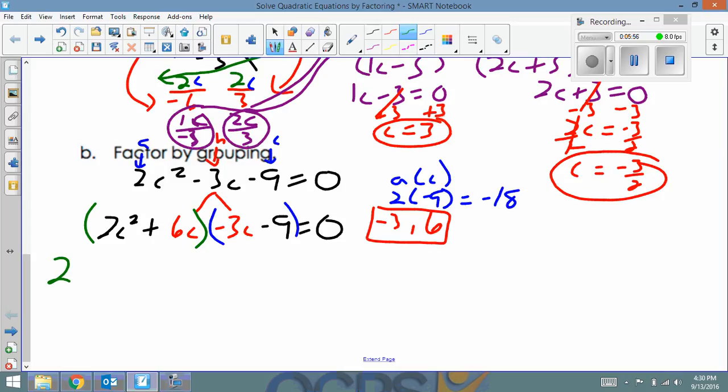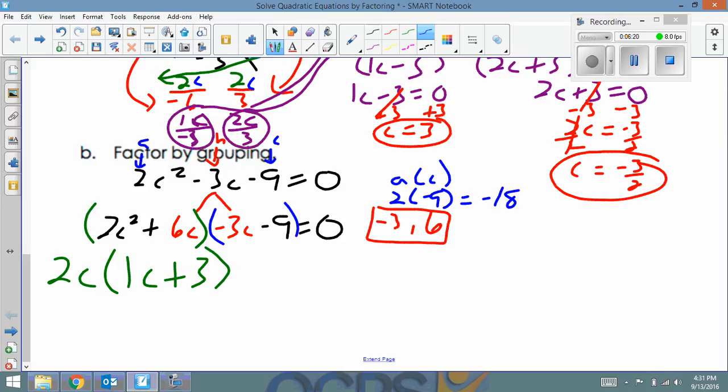They also have to both have one c in common, so we're going to take that out as well. So when I do that, 2 divided by 2 leaves me with 1. c squared, take away 1c, is going to leave me with 1c there. On this one, 6 divided by 2 leaves me with 3, and since we took a c away, there are no c's left.